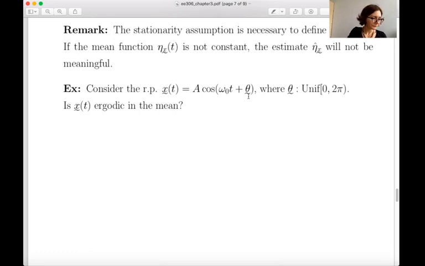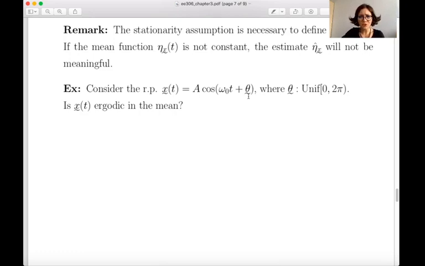Now, one thing that you might ask, in attempting to show whether this is ergodic or not, is whether this random process is stationary first. Actually, this is an example we discussed before in class.